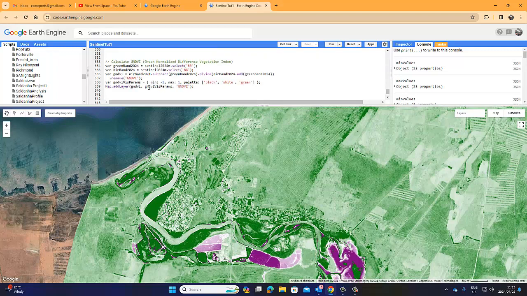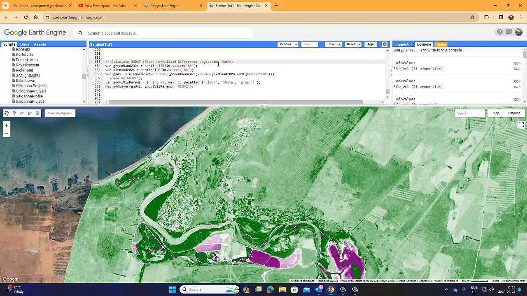Let's have a look at our next one, the green normalized difference vegetation index, the green NDVI. Now you see what's starting to happen here. It's the same as with the build-up index, we're running out of names for these things.